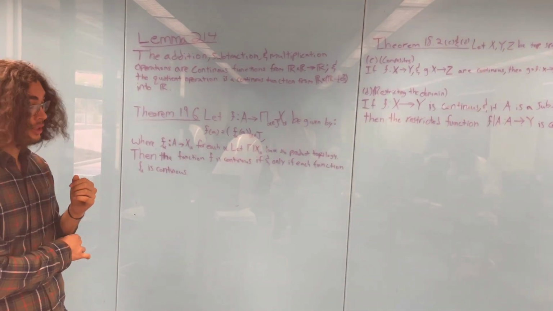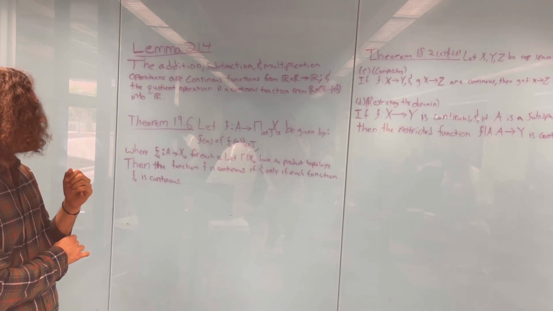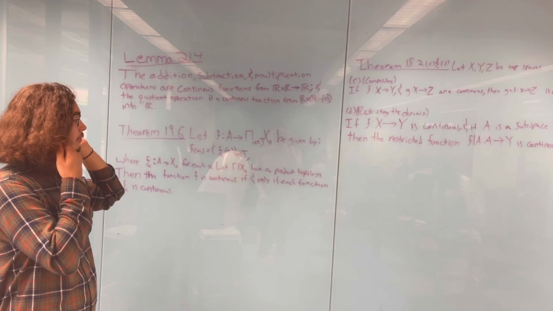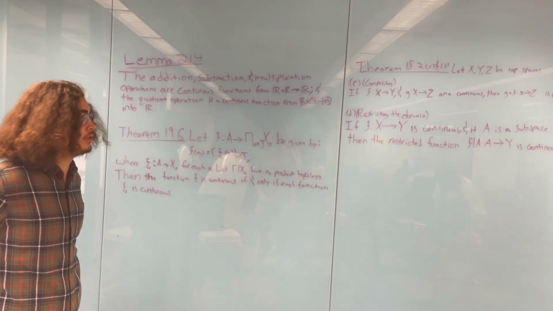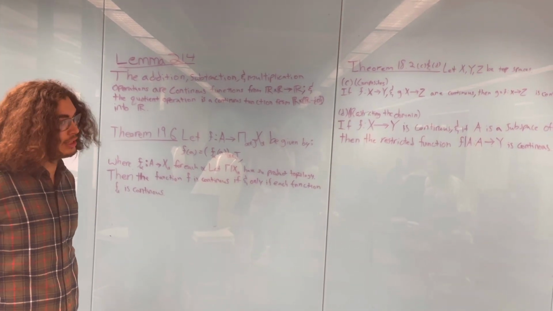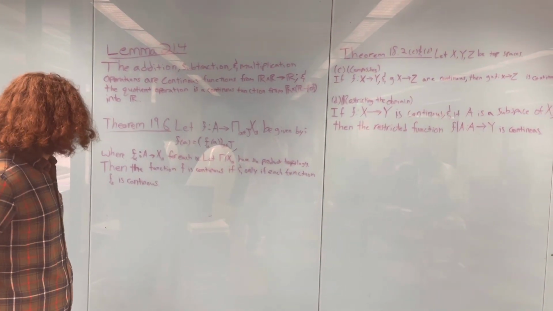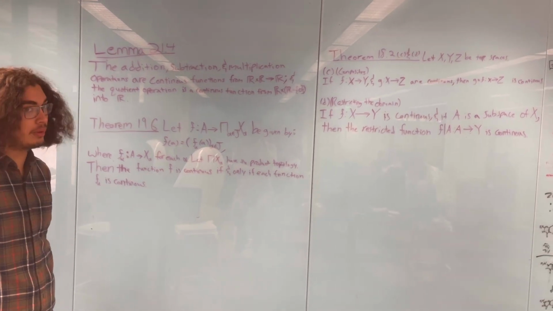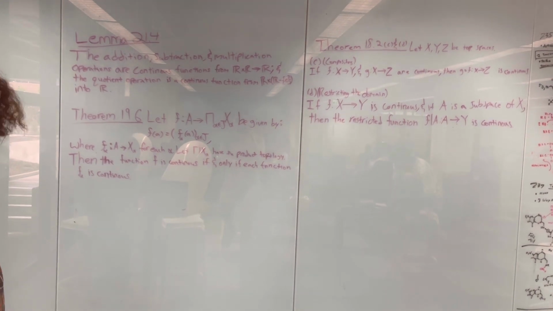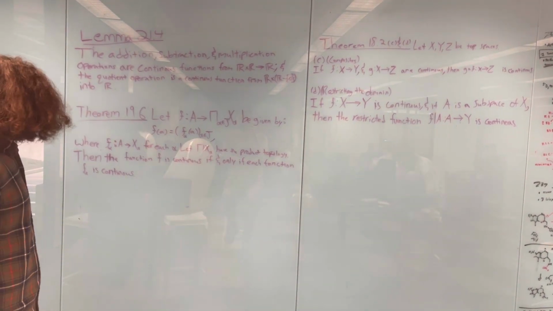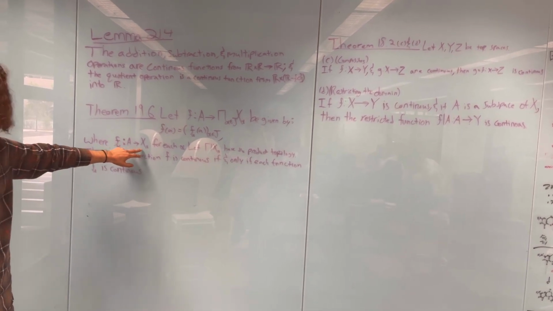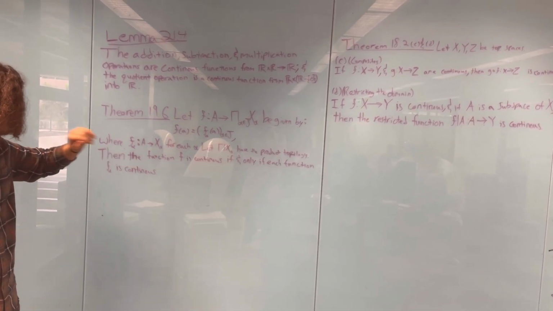For theorem 19.6, we let f be a function from some set A to the Cartesian product of X sub alpha, where alpha is taken from an index set J. We let f of A be given by the coordinates f sub alpha of A, as long as these f sub alpha are functions from A to X sub alpha for each alpha.